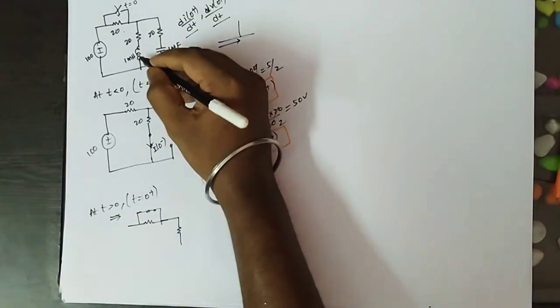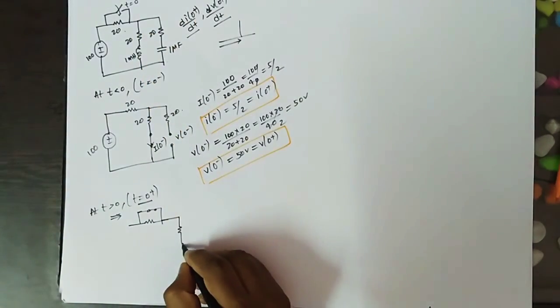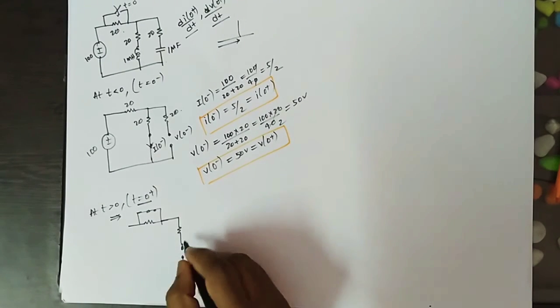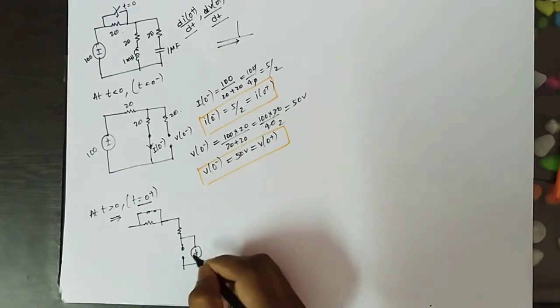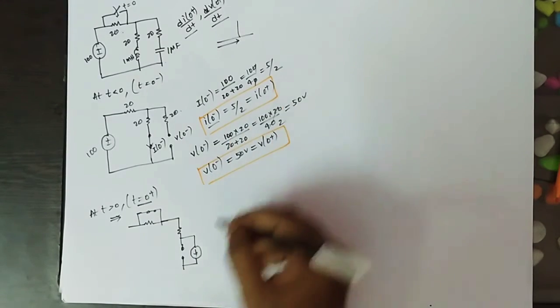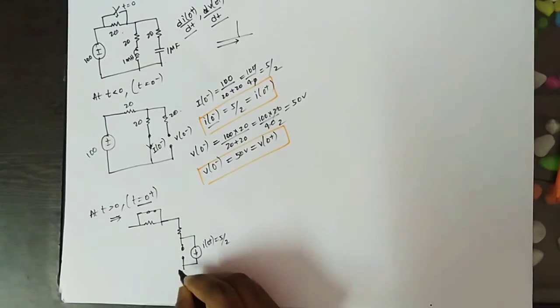Now the inductor at t equal to 0 plus doesn't allow sudden changes, it will act as an open circuit, but you will have a current source in parallel with it, with the condition I of 0 plus equal to 5 by 2 amps.